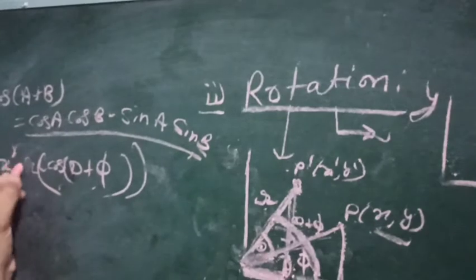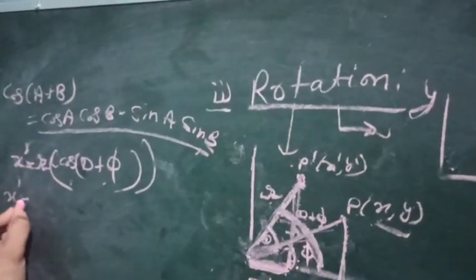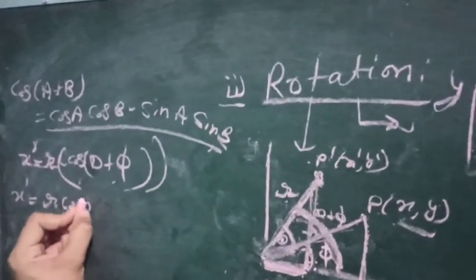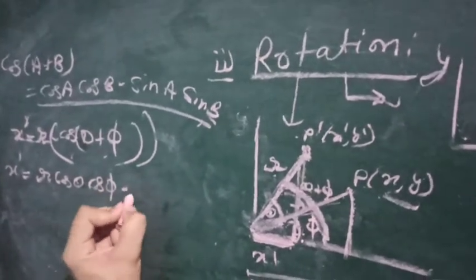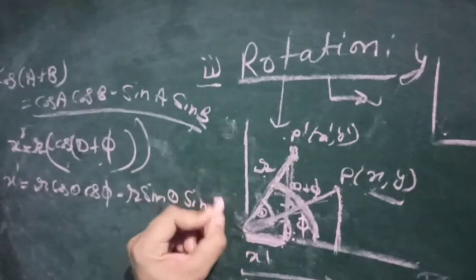Here we get x dash equal to r cos theta cos phi minus r sin theta sin phi.